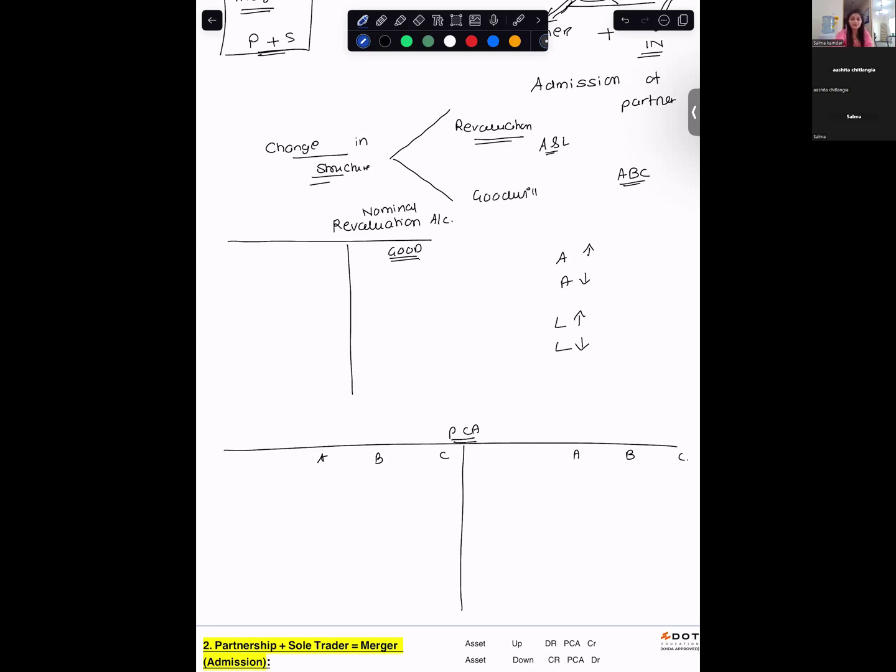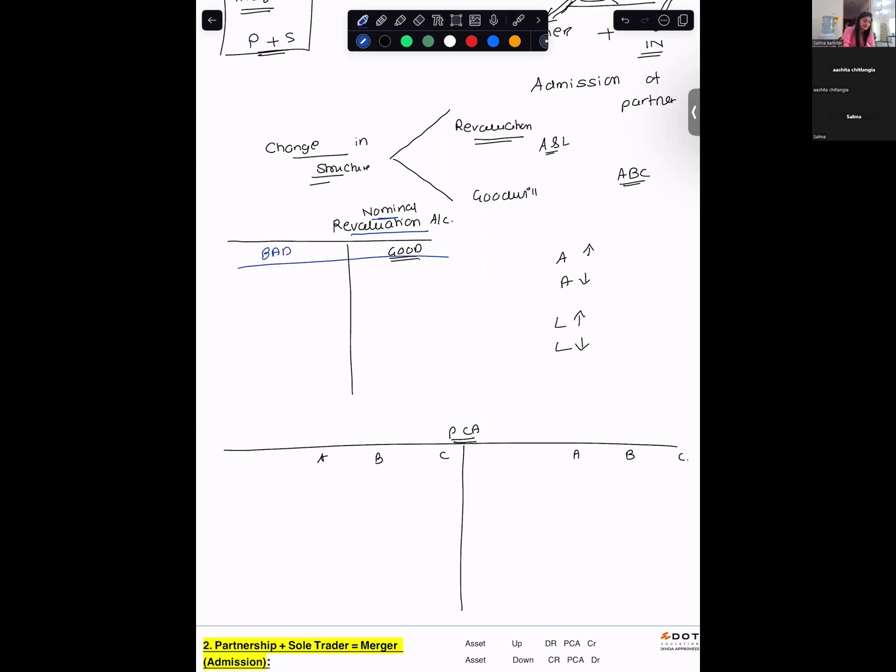Yes, that is the rule for nominal account: debit all expenses and losses, credit all incomes and gains. So revaluation account is like which account? The nominal account. In the nominal account, all the good things will happen on which side? Credit. And all the bad things on which side?